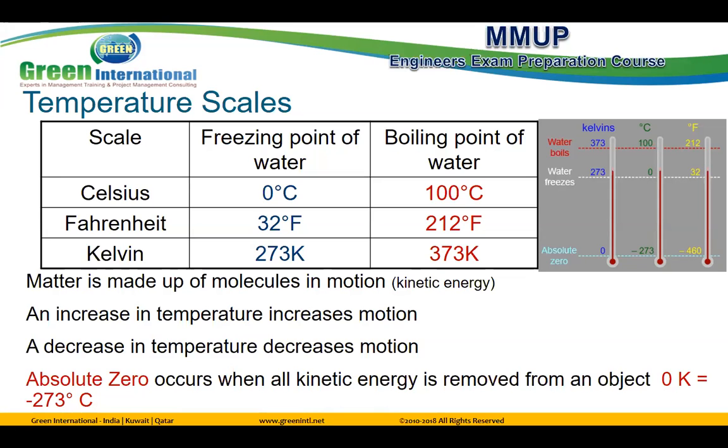But in Fahrenheit, the freezing point is 32 Fahrenheit and the boiling point is 212. It means the difference is 180 between freezing and boiling for Fahrenheit.